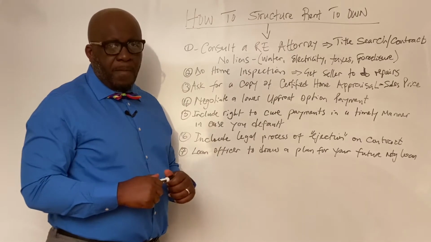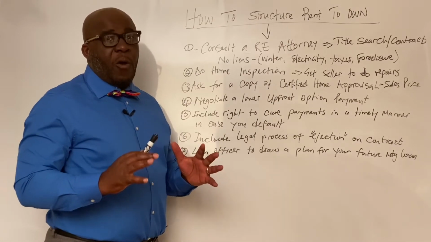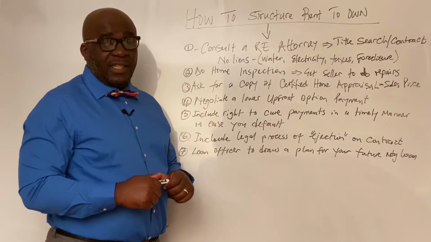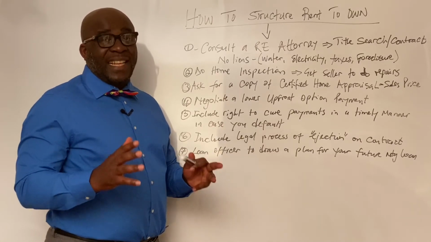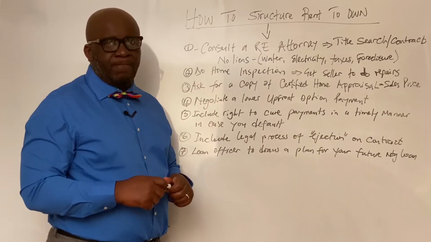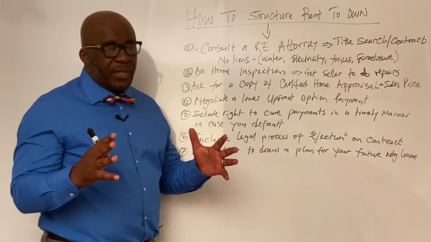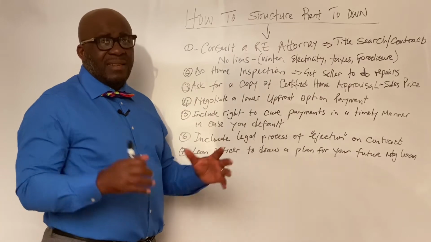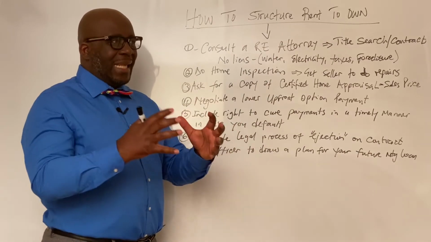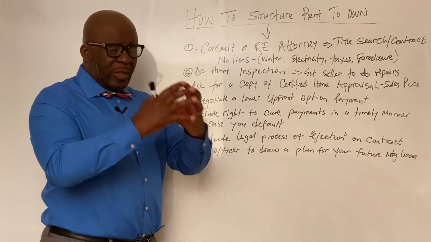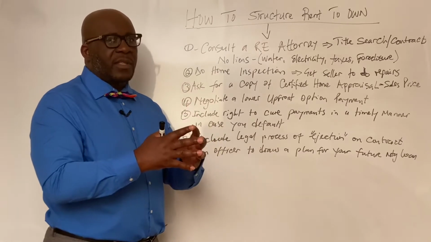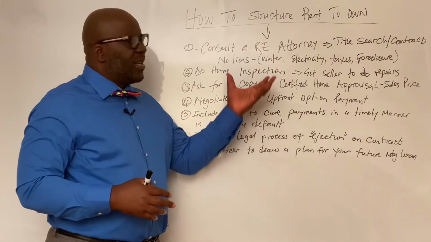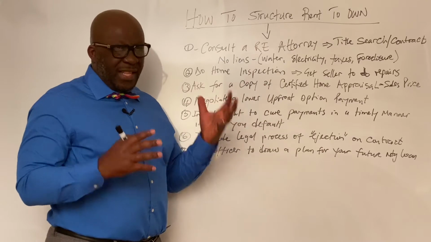Buying a home is one of the most complicated legal transactions you will ever engage in your lifetime. Most of the time, in a rent-to-own agreement, the landlords put all the protections in place for themselves, depriving the tenants of their rights.